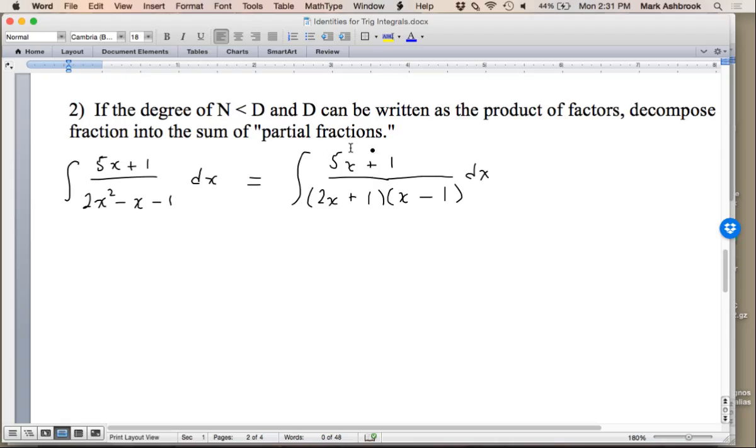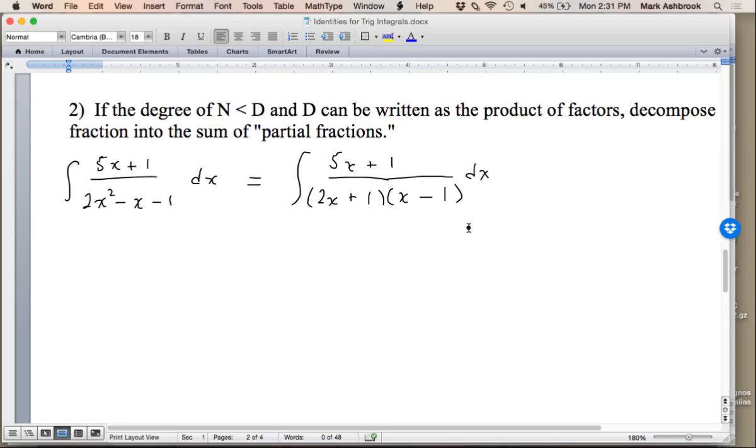You know how when you add separate fractions, what do you do first? You get a common denominator, and once you have that common denominator, then you can add your fractions. So partial fractions is like going backwards from that process. We're starting with the result of the sum of fractions, and we're going to split it apart into the sum of fractions.